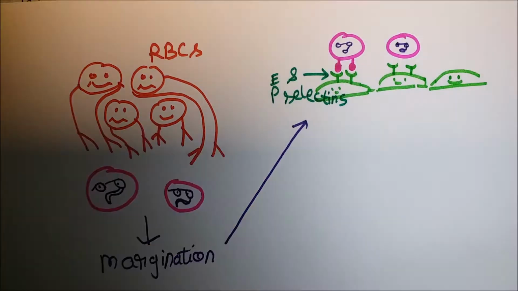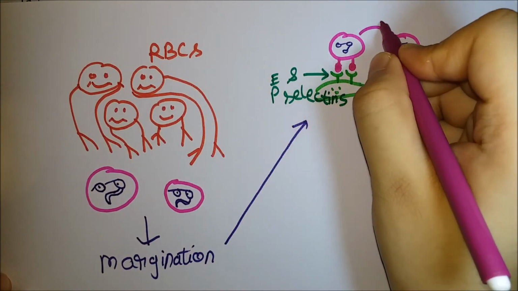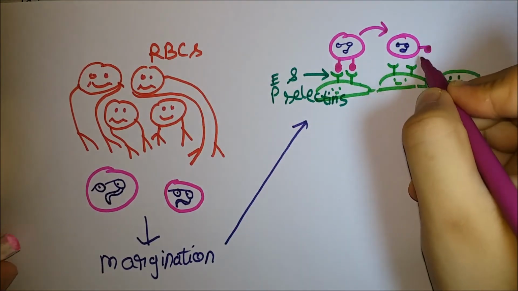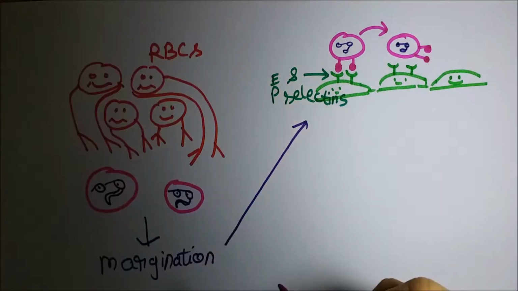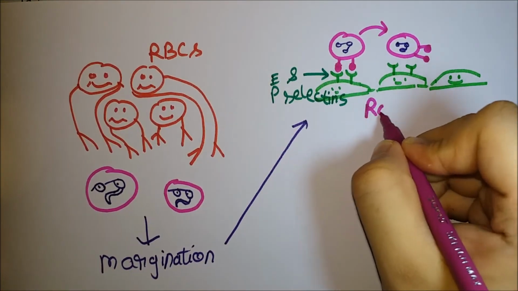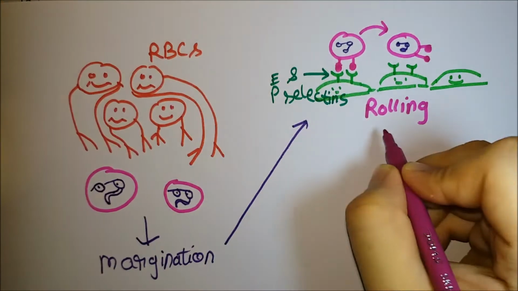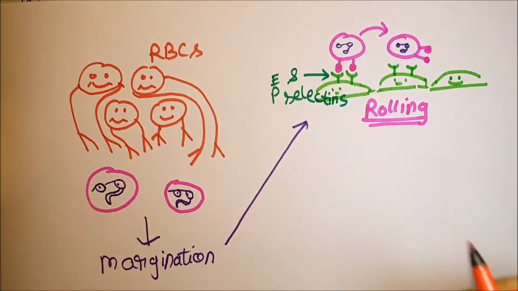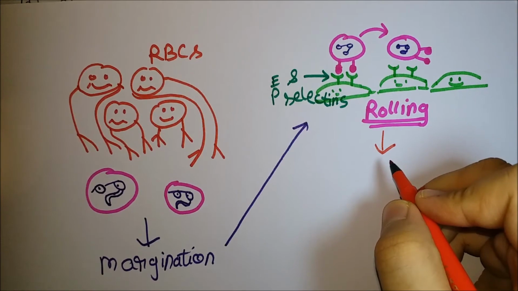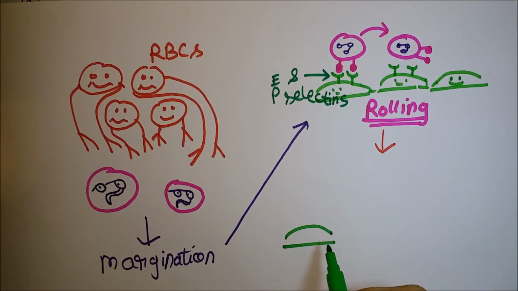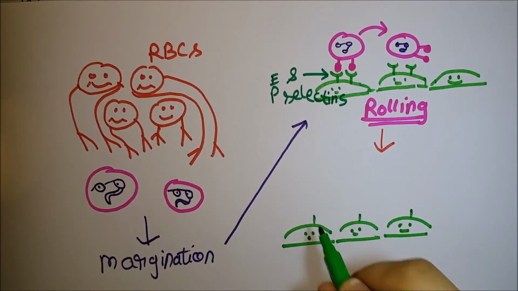So there is a binding between P and E selectins and the oligosaccharide ligands on the neutrophils. But this is not a very strong bond, and it detaches and binds, which leads to rolling of the leukocytes, especially the neutrophils, on the endothelial cells.